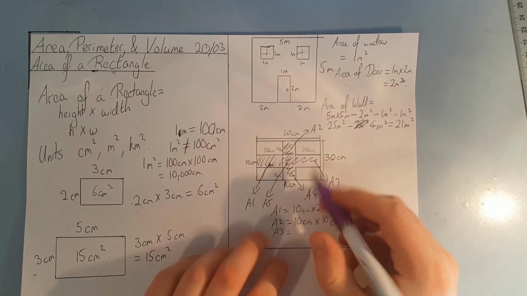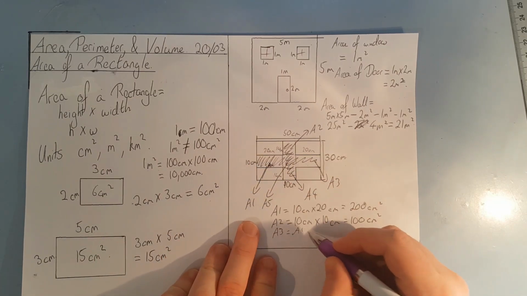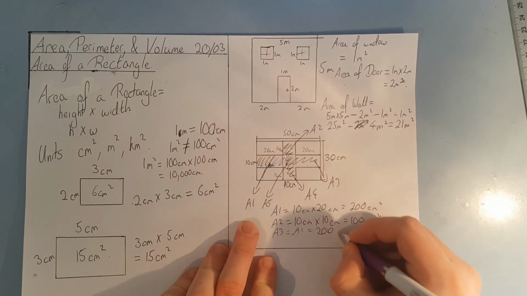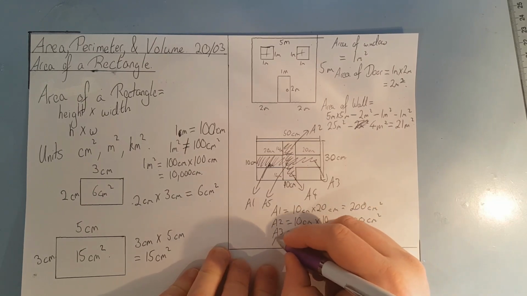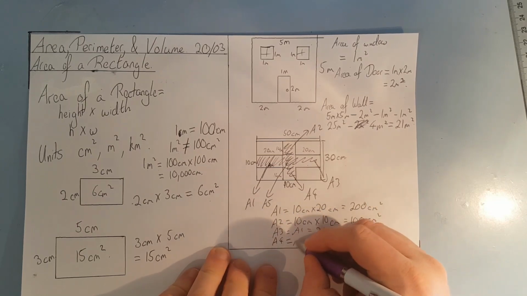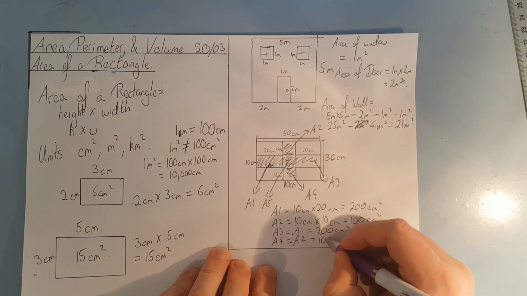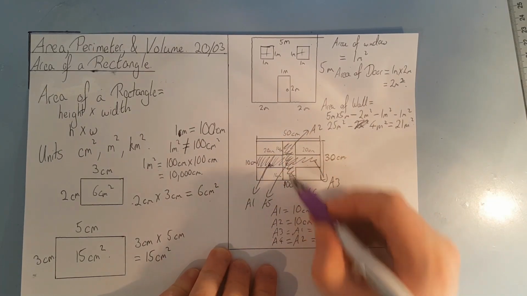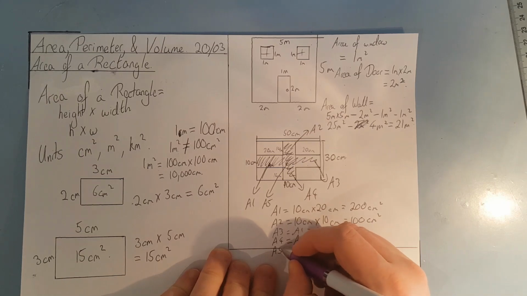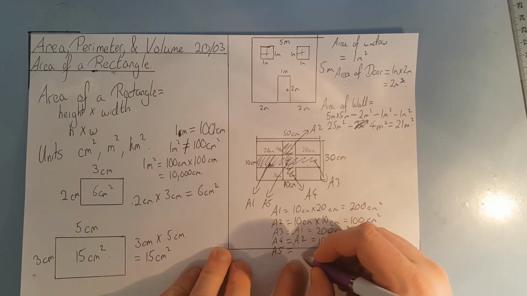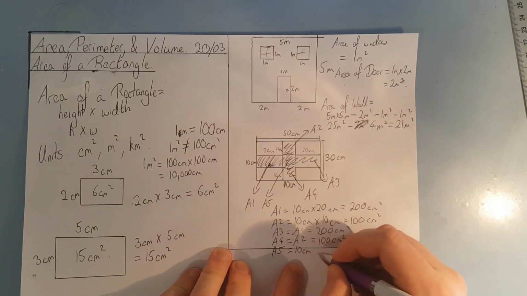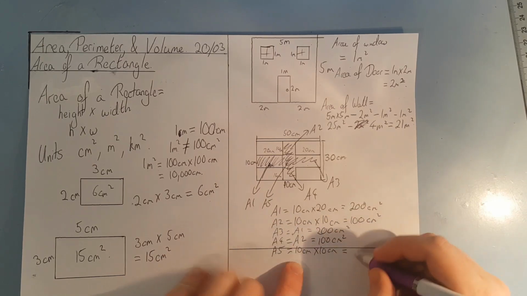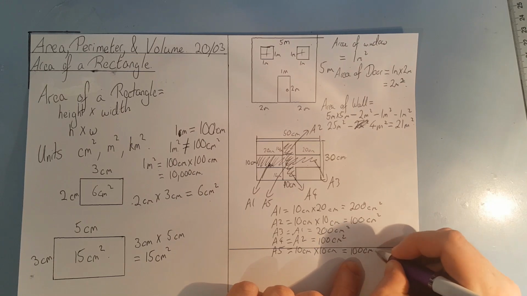Area 3 is the same as area 1, so that's going to equal 200 centimeters squared. Area 4 is the same as area 2. It's going to equal 100 centimeters squared. And then finally, we've got area 5, 10 by 10. Area 5 equals 10 centimeters by 10 centimeters equals 100 centimeters squared.